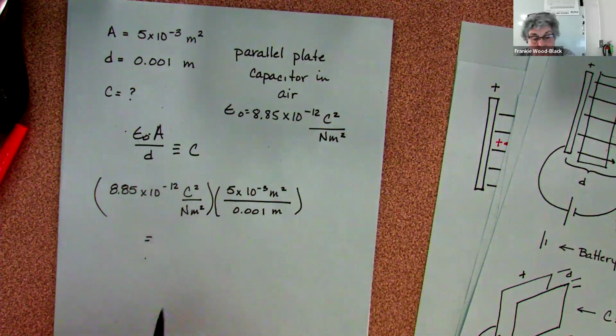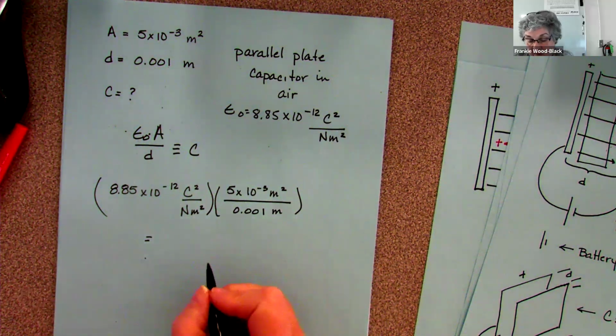And that's going to equal 8.85 times 10 to the minus 12 times 5 times 10 to the minus 3 divided by 0.001.